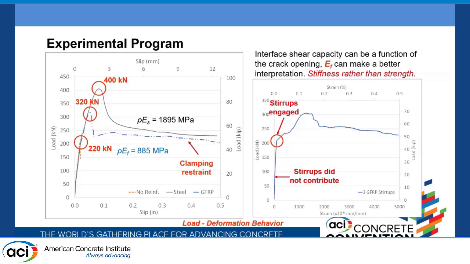But as I mentioned, we also performed another test with cold joint condition, and definitely the cold joint condition affects the performance of GFRP in the interface shear transfer capacity. Thank you. Your dissertation.